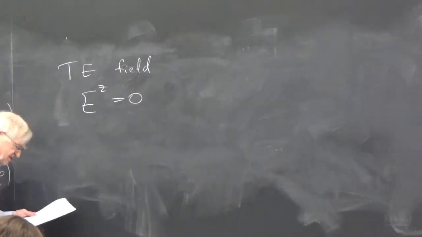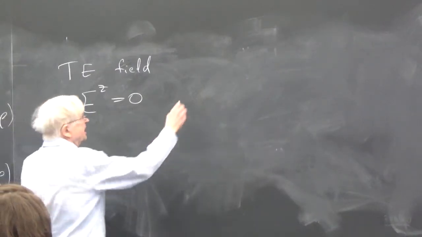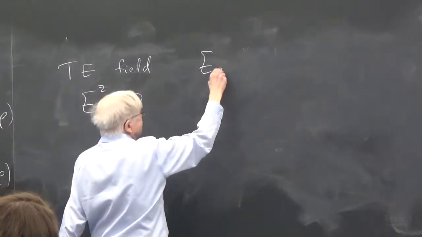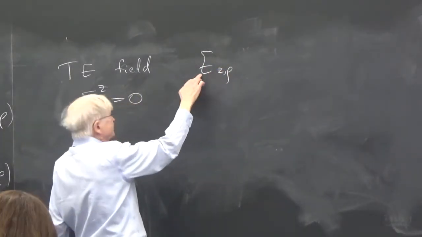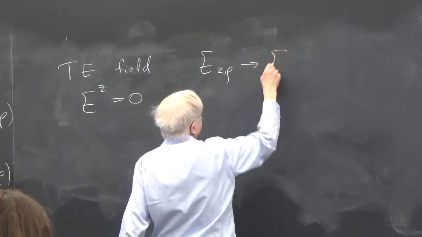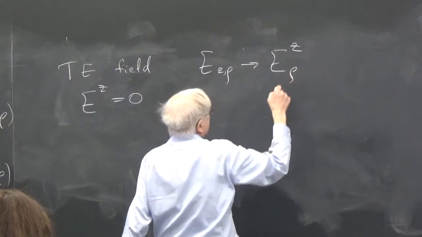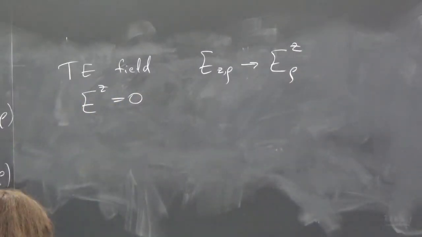I switched notation in this chapter. Originally I had things like E_z comma rho for the rho derivative of E_z, and then I thought, well, let's turn that into E_z sub rho, using the subscript notation for derivatives, because that's clearer.